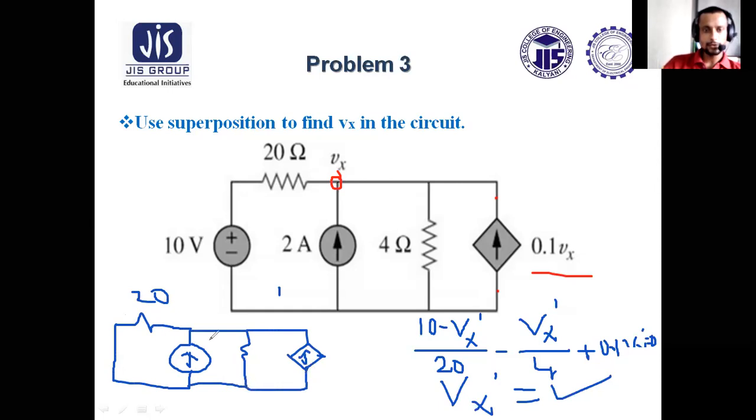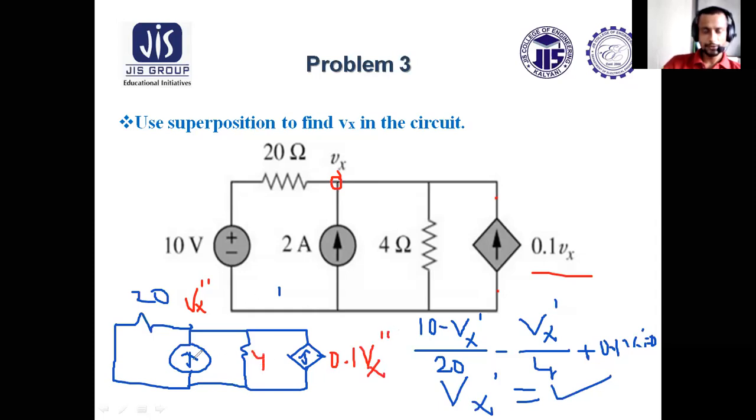Now again, this is Vx. This point has, say, Vx double dash due to the 2 ampere source. So the dependent source should be 0.1 Vx double dash.